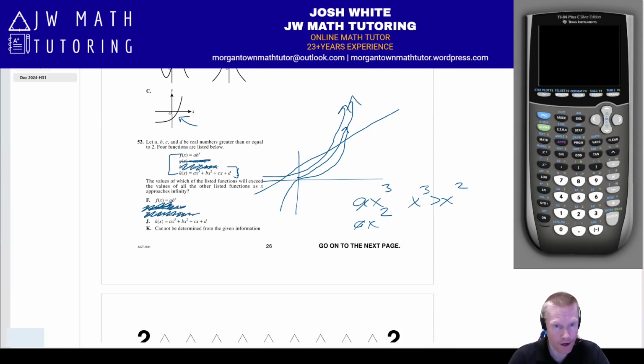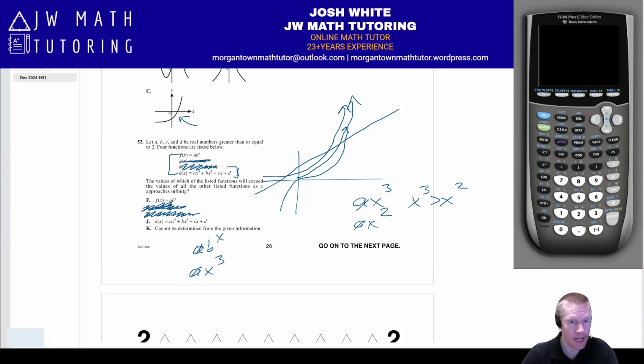But what we really need to compare is the only term in the exponential versus the cubic term here. Again, the a part doesn't matter, since it's multiplied for both, so let's ignore that. Therefore, we're comparing b to the x versus x cubed.